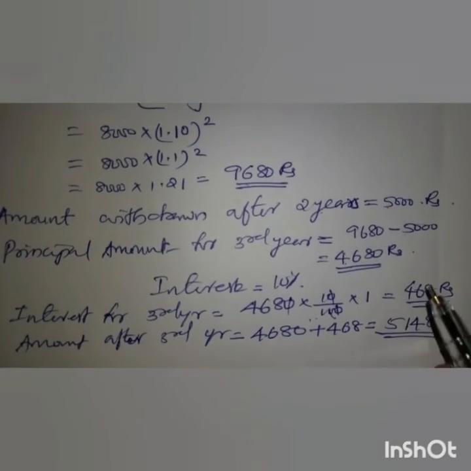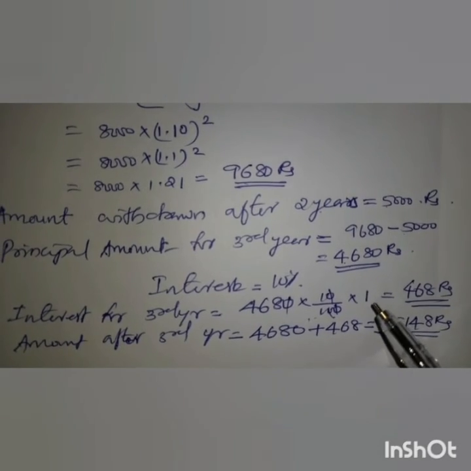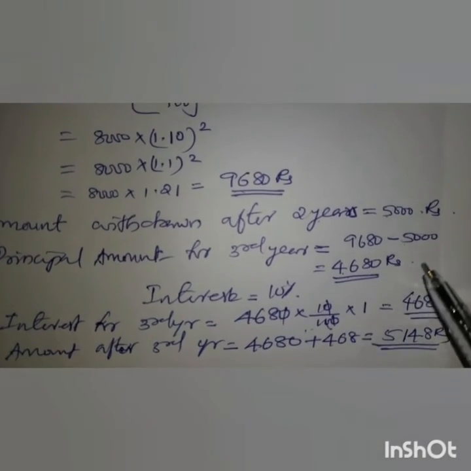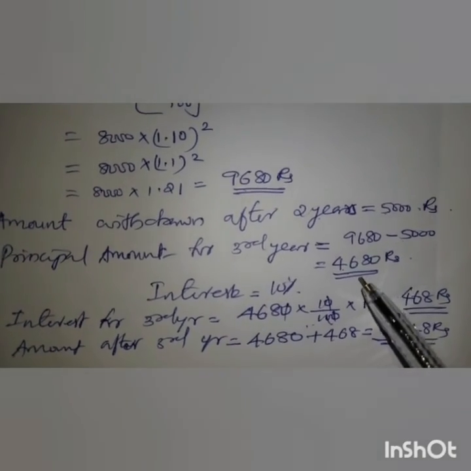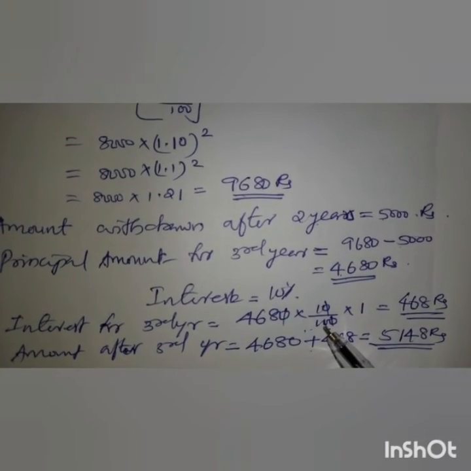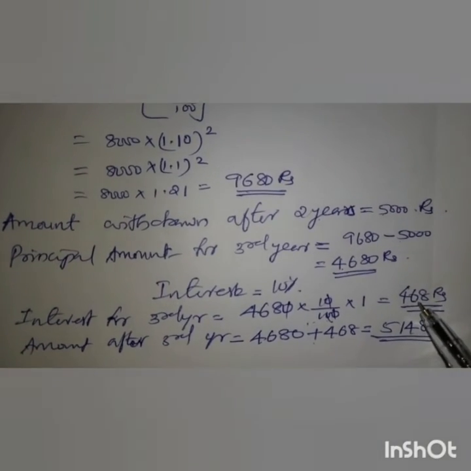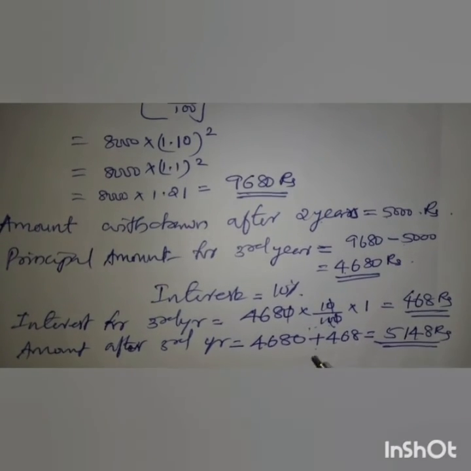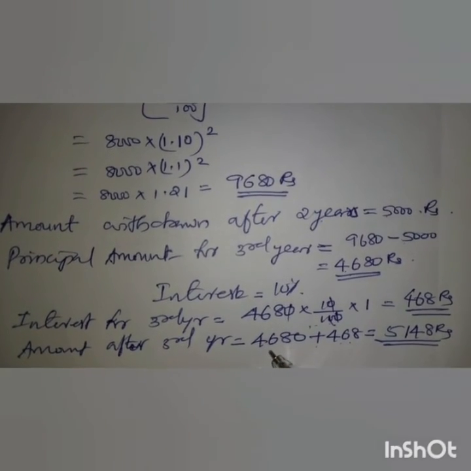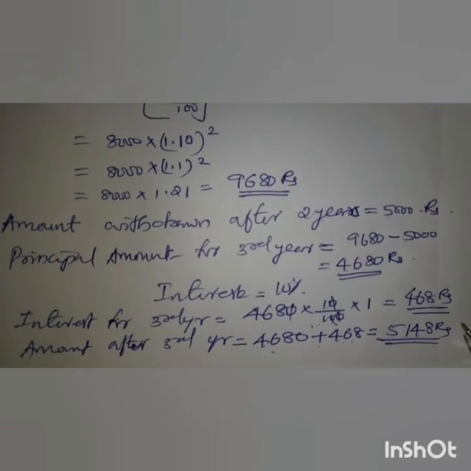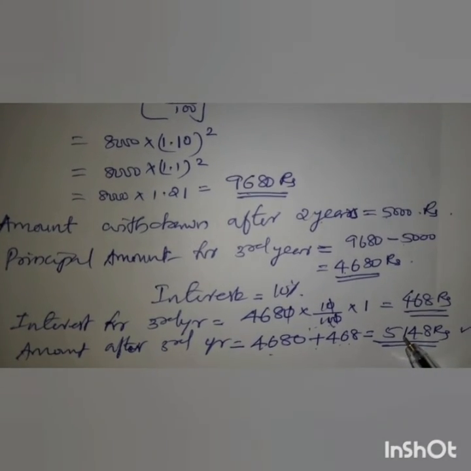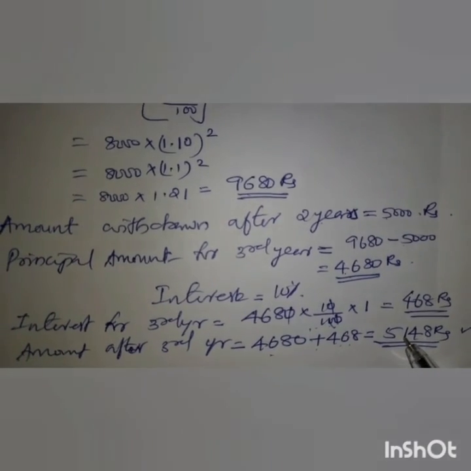For 2 years he deposited compounded annually. Then later 5,000 was withdrawn. The remaining amount was there, and that is getting an interest of 468 rupees annually, and that also you add with the principal amount of the third year. The total amount after 3 years you are getting is this much.